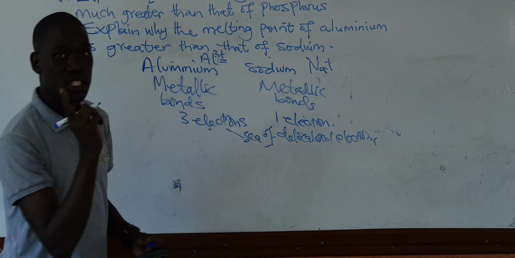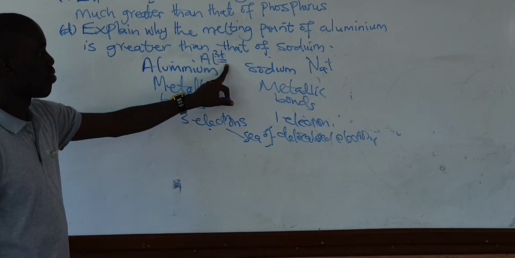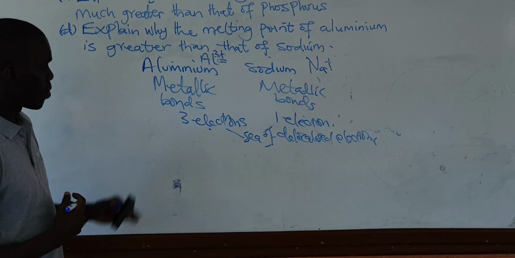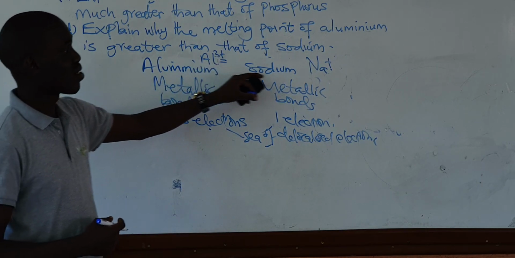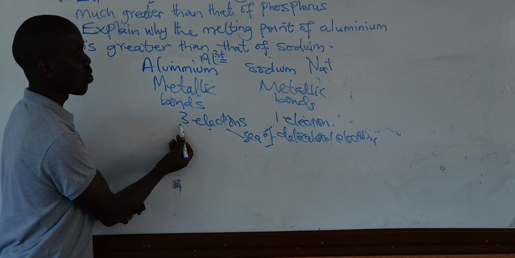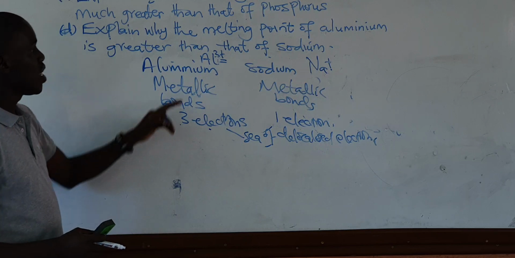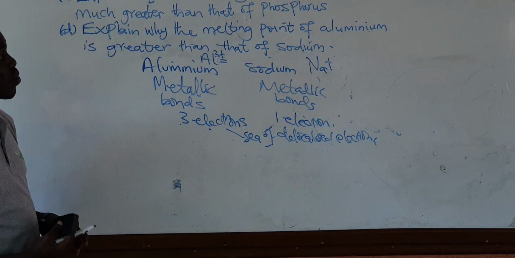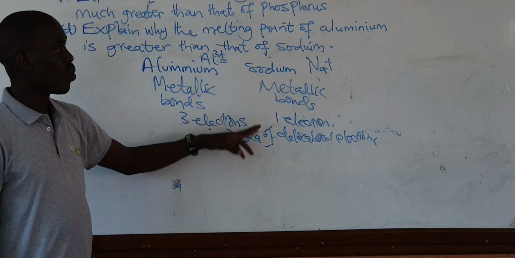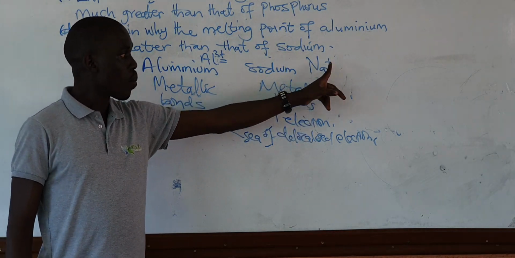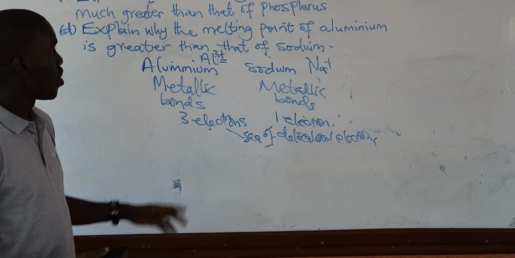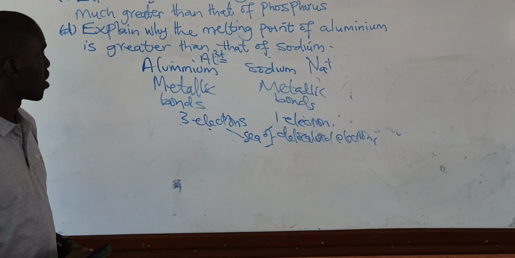The number of positive charges that each have will also contribute to the strength of the metallic bond. Aluminium has 3 plus, sodium has 1 plus. And then the electrons that are donated, 3 electrons and then 1 electron. So aluminium has stronger electrostatic forces of attraction compared to sodium, which has 1 plus and then donating 1 electron to the sea of delocalized electrons.